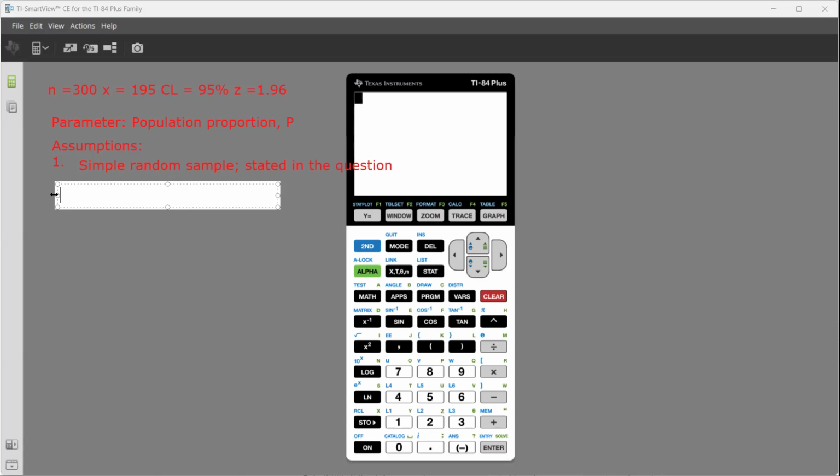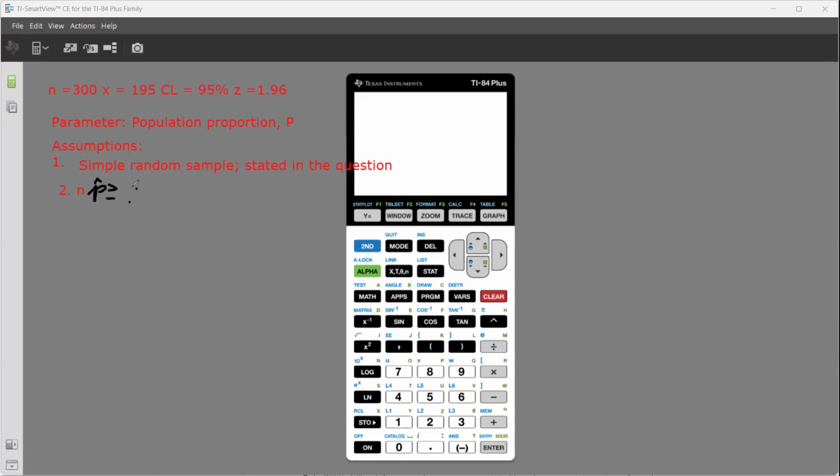Now for the second assumption, which has two parts. For my second assumption, now we go to the NP and NQ. So N times P hat is greater than or equal to 5.